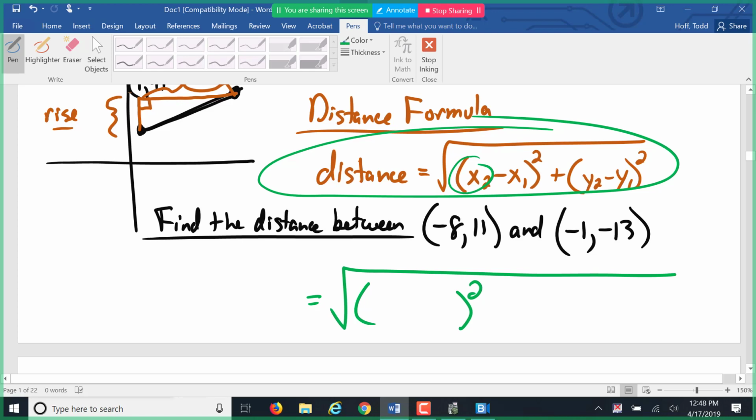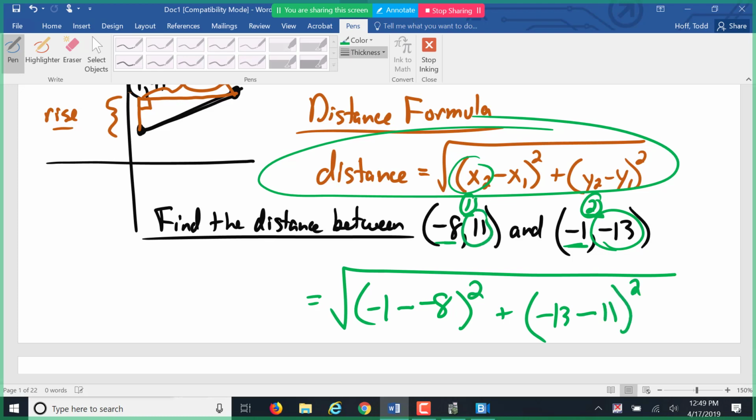I can label the points any order I want to. I'll call this 1 and 2. So x2 would be what? -1. It's the point 2 x coordinate. -1 minus, what would x1 be? Perfect. Point 1 x coordinate is -8. So that's going to be added to, what's y2? -13. Good. Point 2 y coordinate minus y1 of 11. And that's squared.